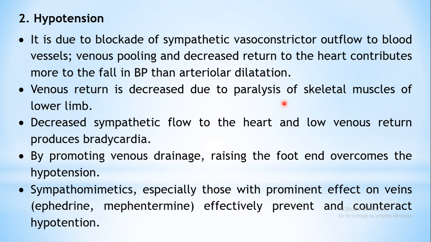Because of this, the venous return is again reducing. This you all have already studied under your CVS chapter. There is a respiratory pump and there is a skeletal muscle pump which helps in the blood coming back to your heart. That skeletal muscle pump is abolished over here, so venous return is reduced. That's how the hypotension may be produced.